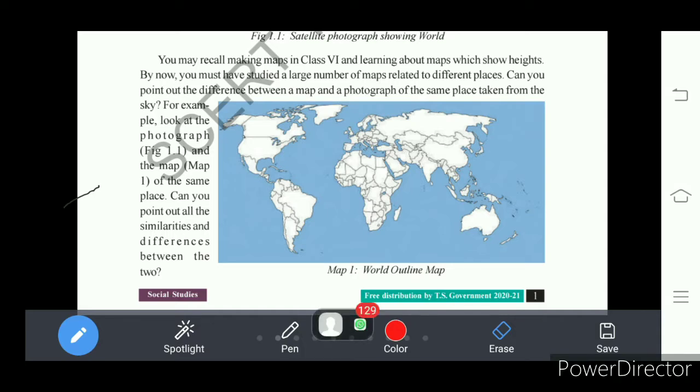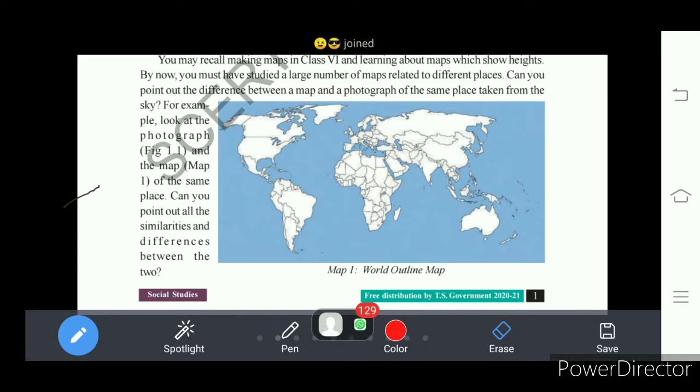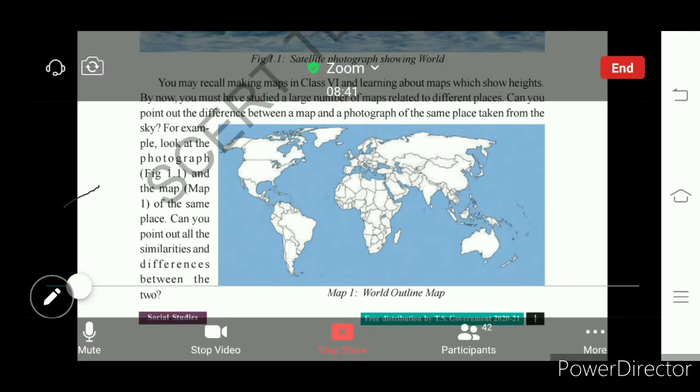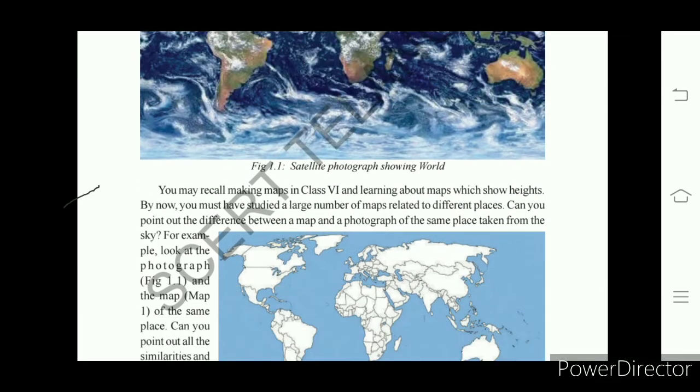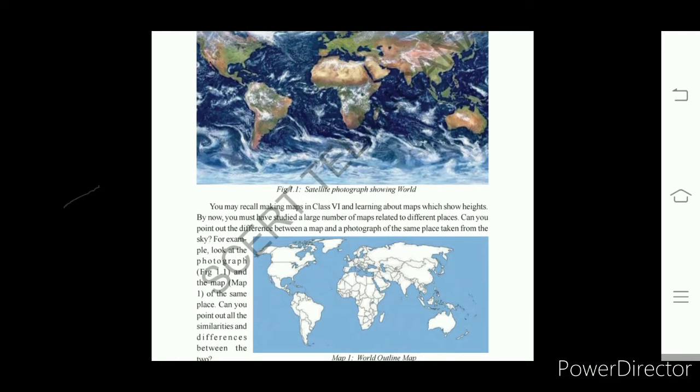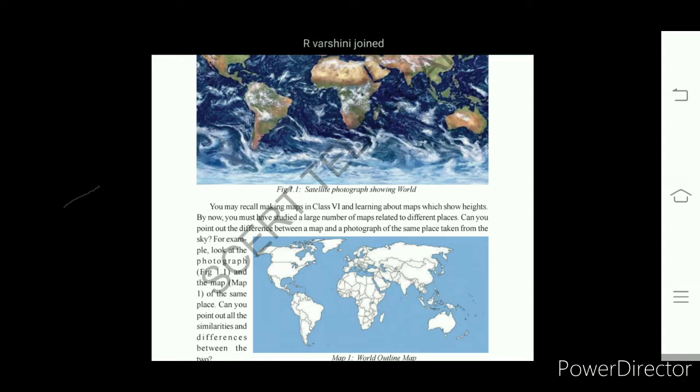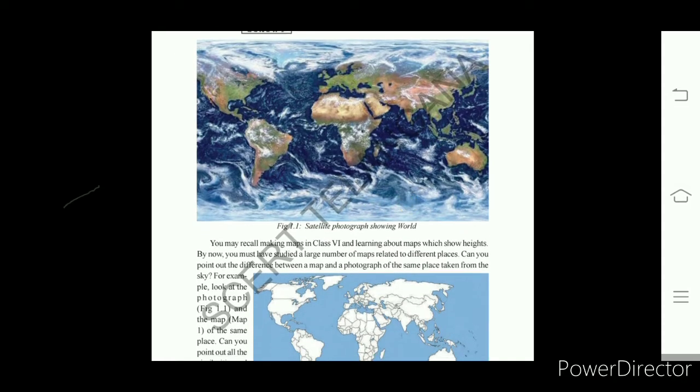And here, this is a map and a photograph given here to understand the differences and similarities between map and photograph. So let's find out similarities and differences between these two. One is a photograph and the other a map.